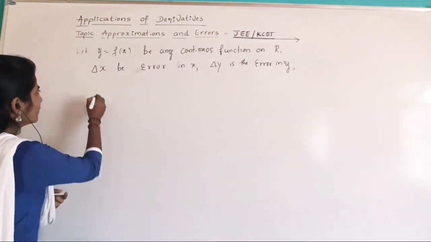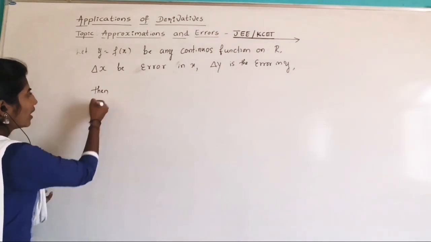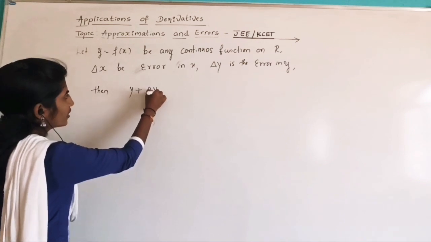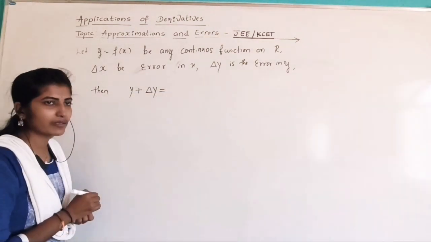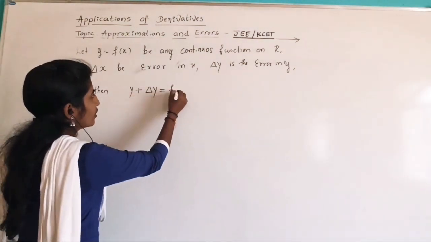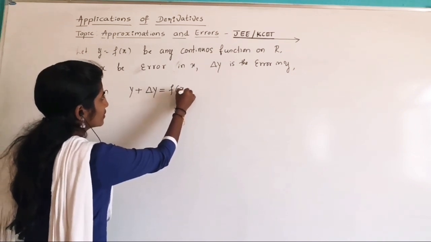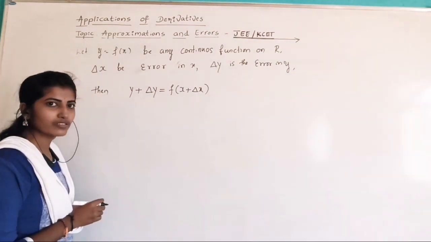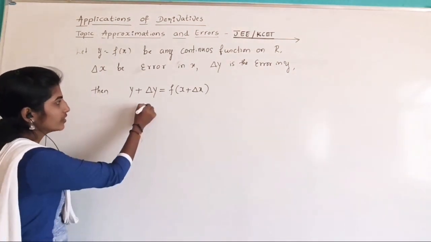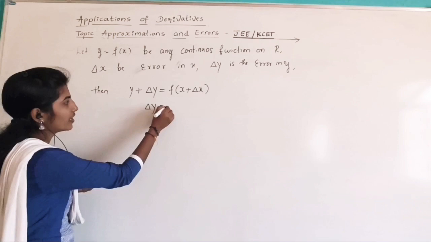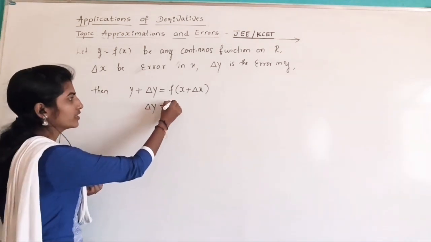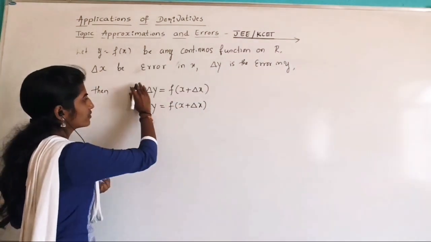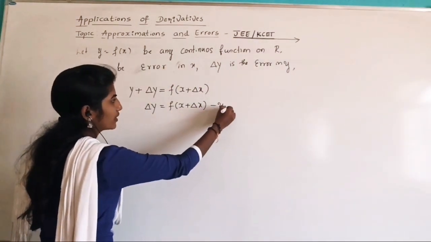Okay, then y plus delta y can be given by f of x plus delta x, otherwise delta y, that is error in y, can be given by f of x plus delta x, and y shifted here becomes minus y.